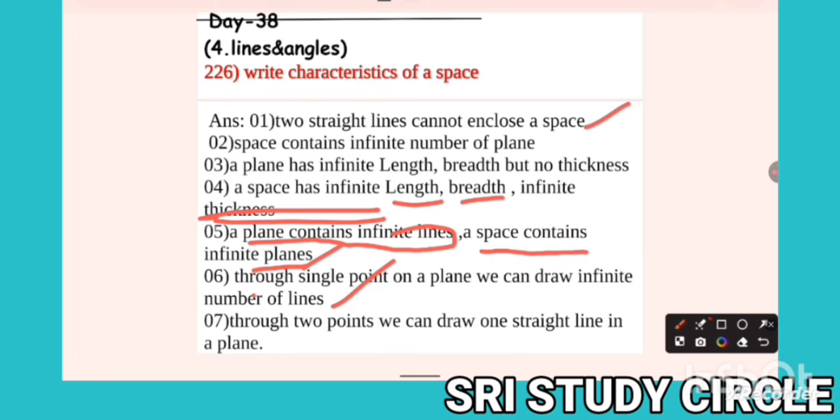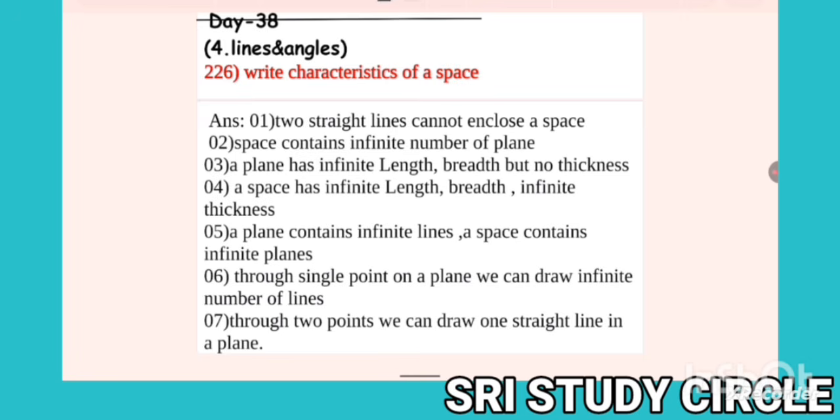Through 2 points, we can draw one straight line in a plane. These are the characteristics of space and the differences between space and plane. Okay, now next.